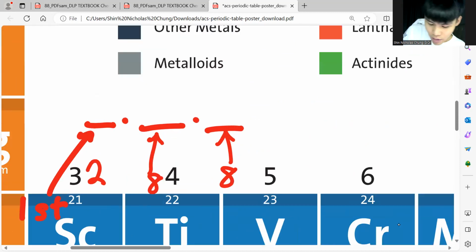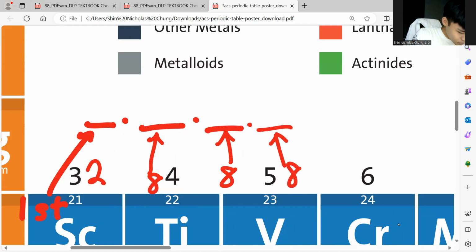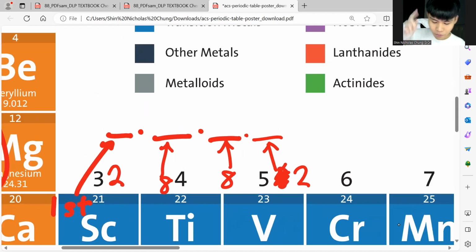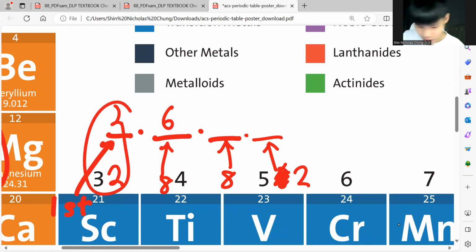Let's say if there is a fourth one, the maximum electron will also be 8. Sorry, the first shell is 2. Meaning, let's say I have 8 electrons. The first shell will only be 2, and then the other 6 will be here, because here is already full, understand?